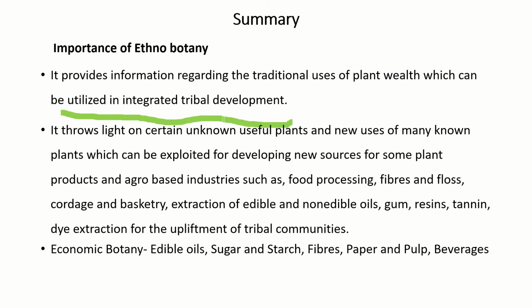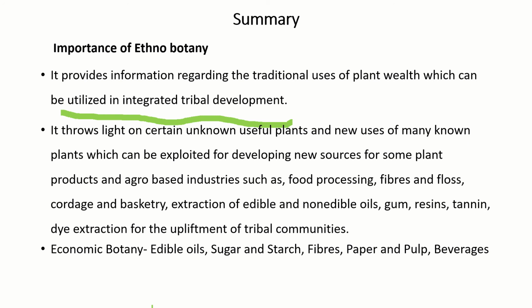Integrated tribal development. It throws light on certain unknown useful plants and new uses of many known plants which can be exploited for developing new sources for some plants, plant products, and agro based industries such as food processing, fibers and flours, cotton basketry, extraction of edible and non edible oils, gums, resins, tannin, dye extraction for the upliftment of tribal communities.